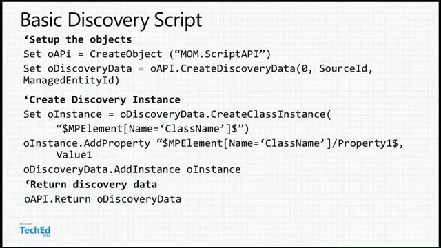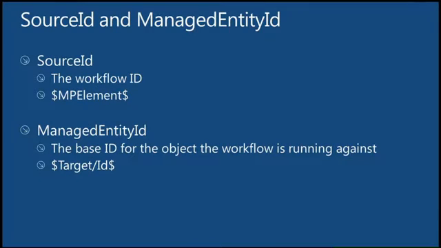So, what is this source ID and managed entity ID? Source ID is the workflow ID, the GUID value of the discovery that's running. SCOM has a GUID value it associates with that discovery, and you access it using the variable $MPElement$, so you can pass that into your script. Managed entity ID is the ID of the object you're targeting.